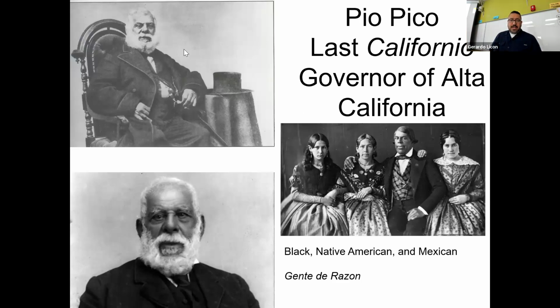He clearly has African Black ancestry. He was Black, Native American, and Mexican. But these Californios kind of thought of themselves as their own version of white. They called themselves gente de razón. People with reason.